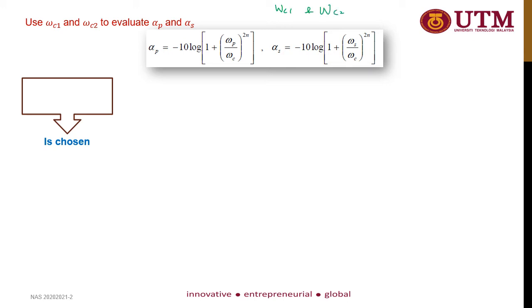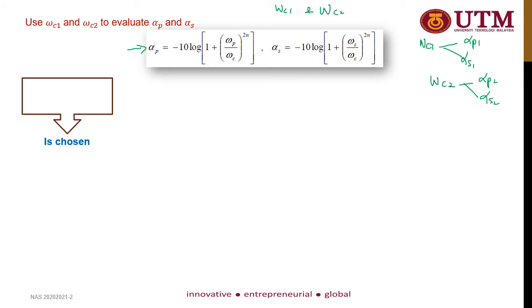So in order to choose the suitable omega C or cutoff frequency, you need to apply both omega C1 and omega C2 into alpha P and alpha S equation. Meaning that you need to calculate alpha P1 and also alpha S1 using omega C1, and using omega C2, you need to calculate alpha P2 and also alpha S2.